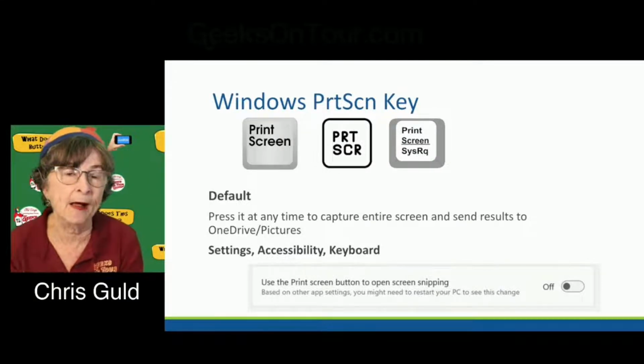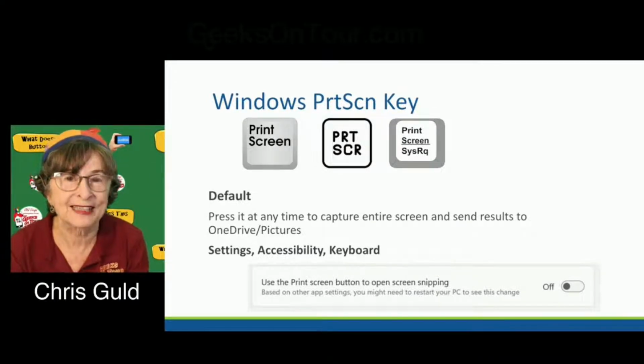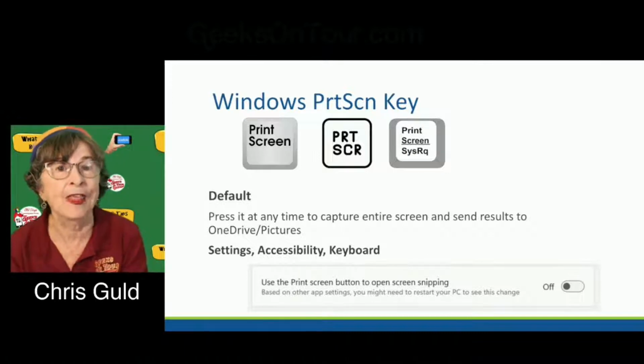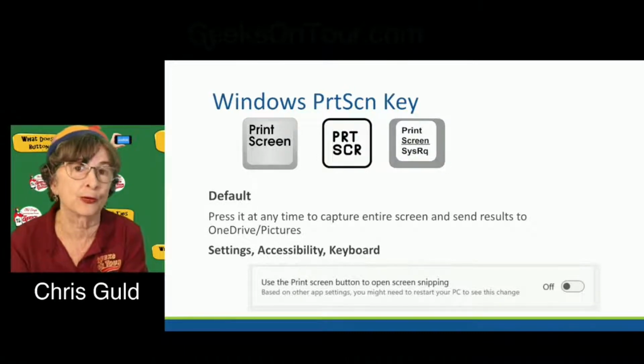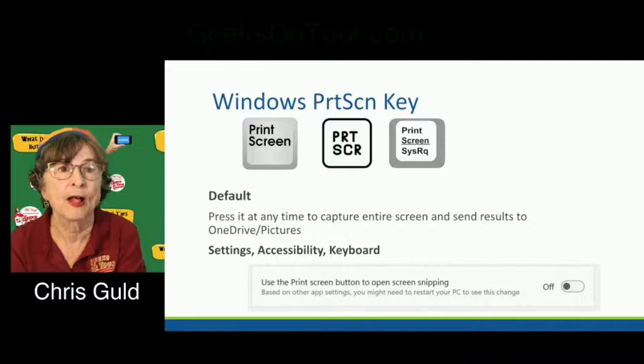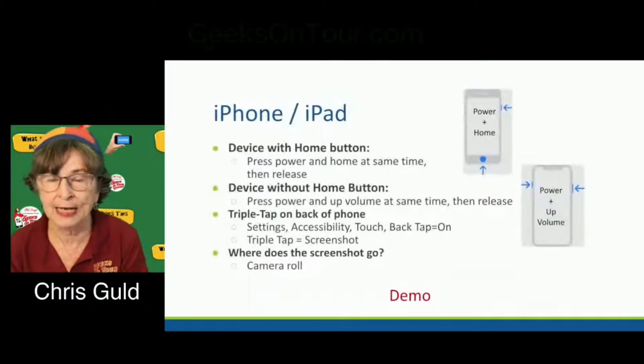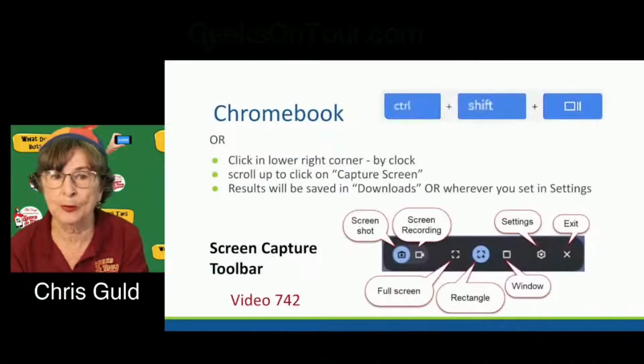If you turn that on, now when you press the PrtScn Key, it will wait for you to outline the part of the screen you want, and then you can save it to whatever folder you want, maybe just a folder that is uploading to Google Photos. Okay, so that's more on Windows.